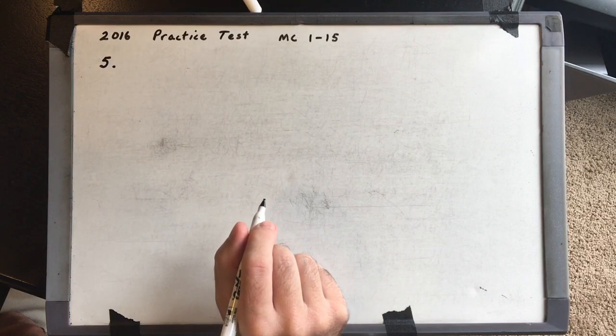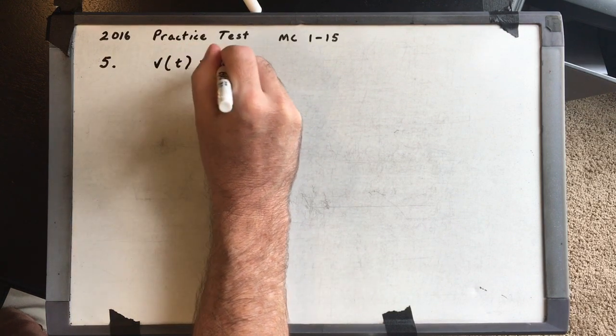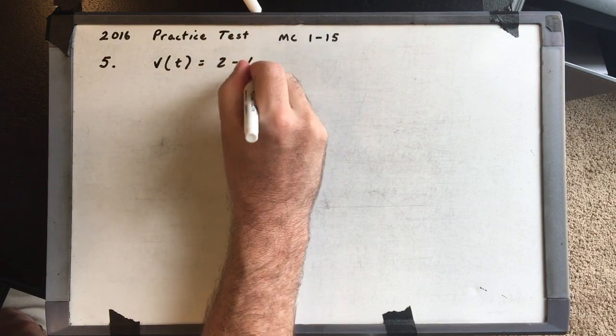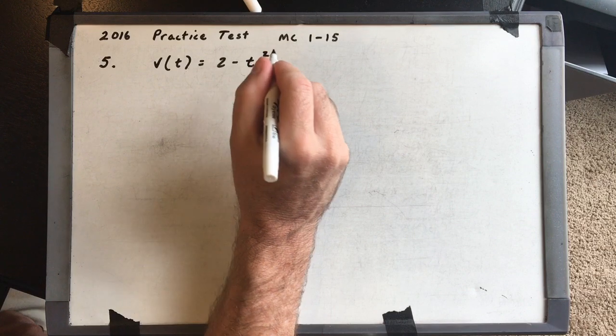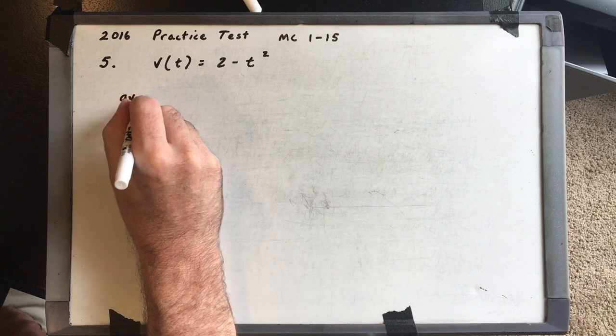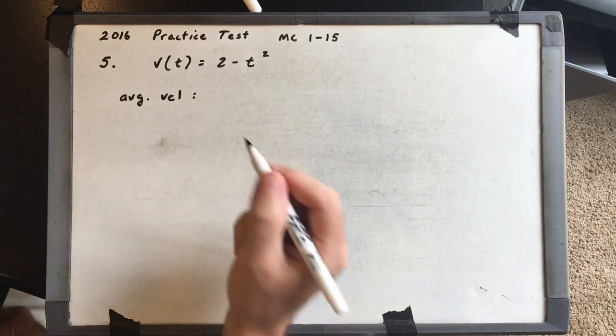Okay, number 5 says the velocity of a particle moving along the x-axis is given by v of t equals 2 minus t squared, for time t greater than 0. What is the average velocity? Well, I feel strongly that you might have to do an average.